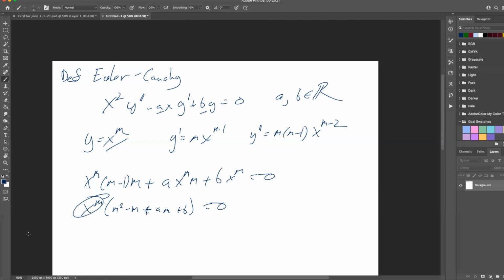X to the m. Well, when x is 0, this is true, right? But I need this to be true everywhere, not just when x is equal to 0. And so this, obviously, is not 0, so this needs to be 0. For this to be 0, we'll produce the auxiliary equation. Here I'm just going to move stuff over. So I'll have m squared from here, and then plus a minus 1 times m plus b is equal to 0.